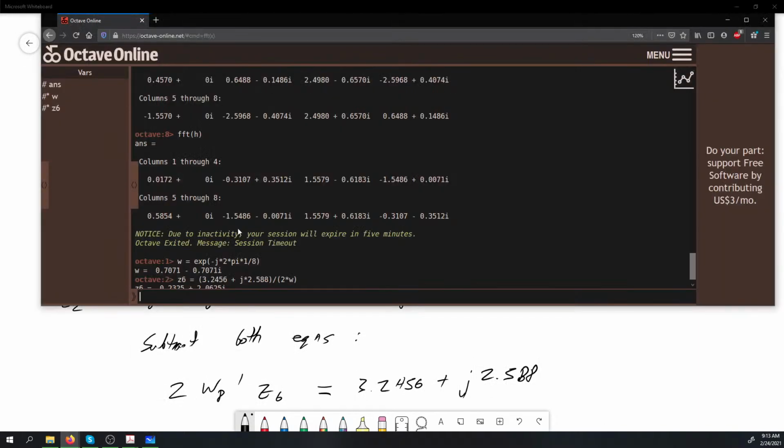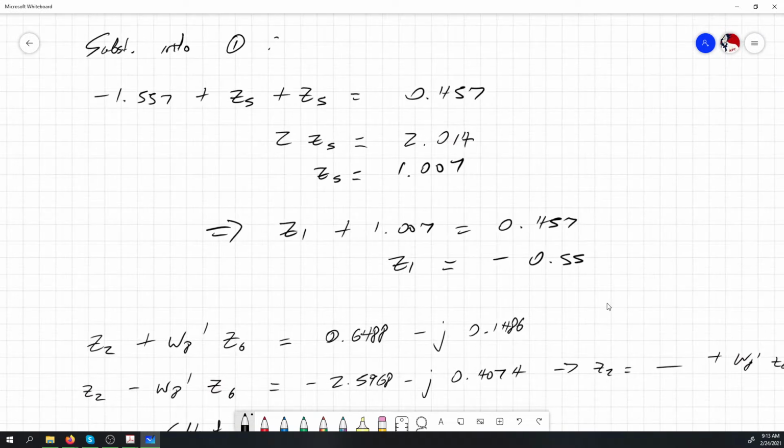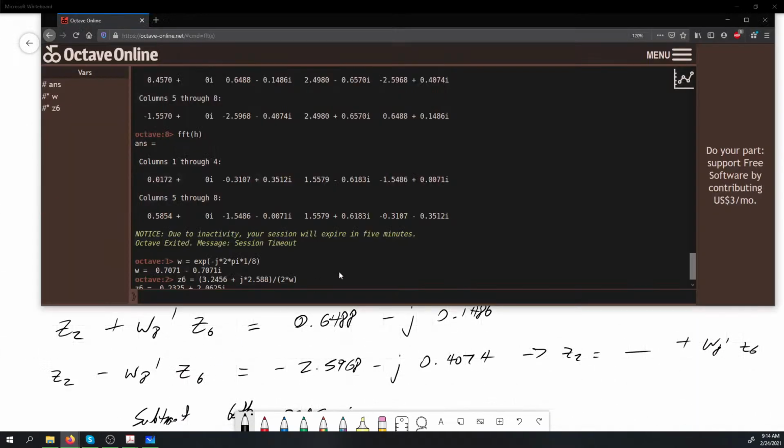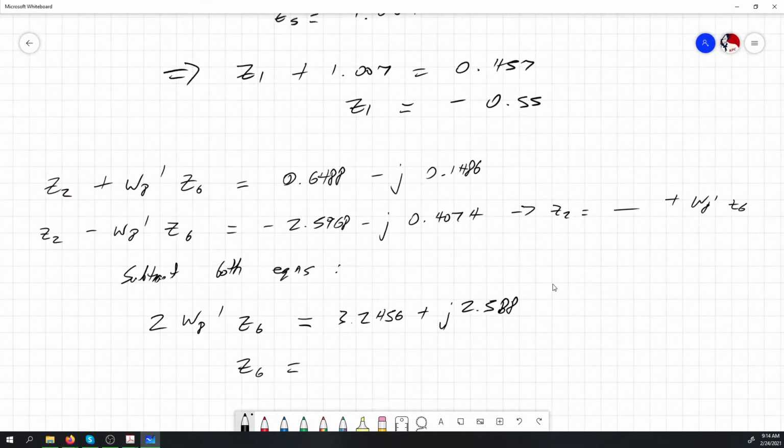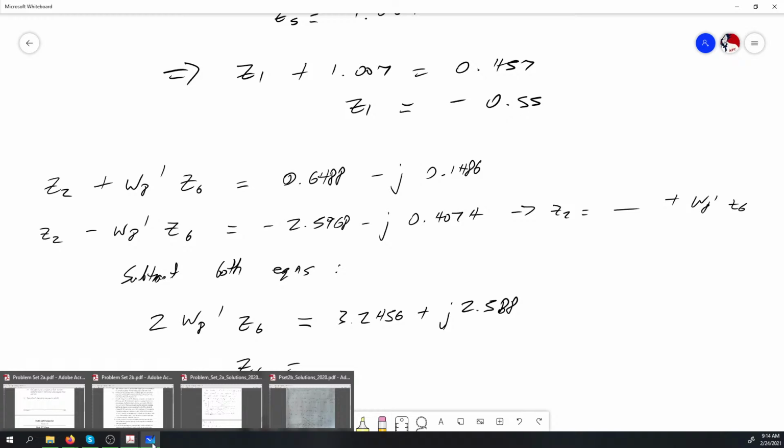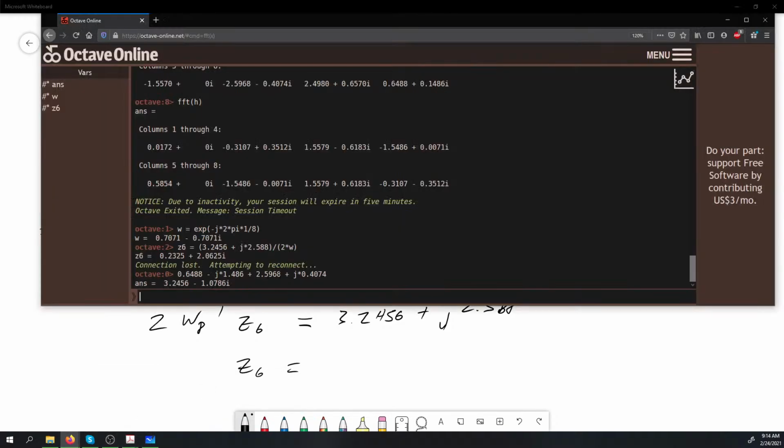I would have 0.6488 minus j by 0.1486. Then I need to add 2.58, add j, 3.2456 plus... that's what I did wrong.